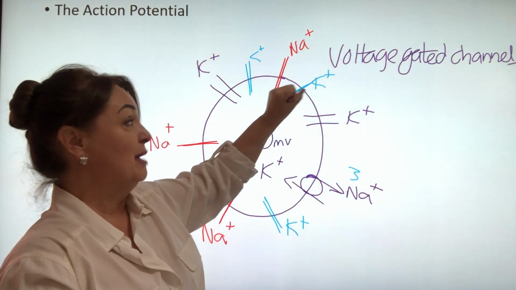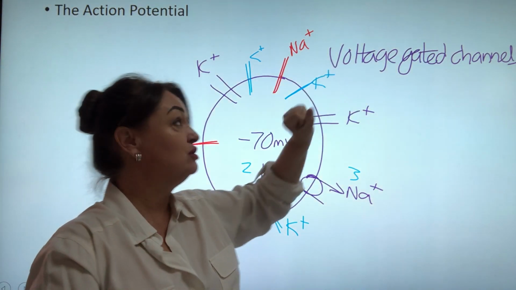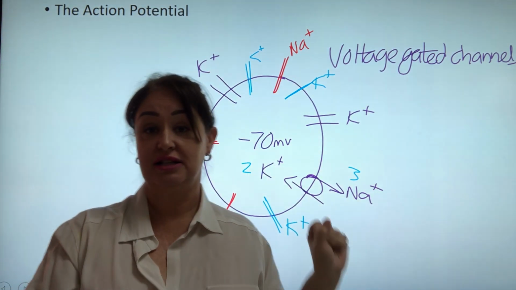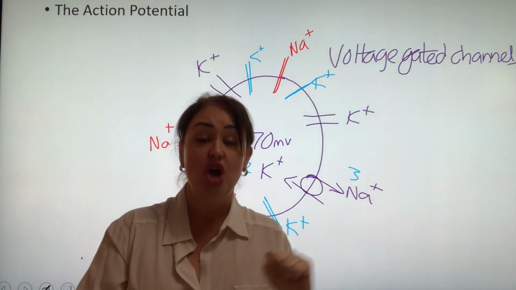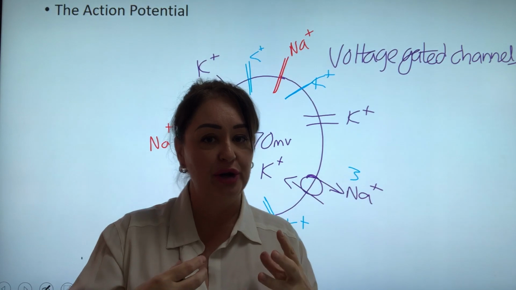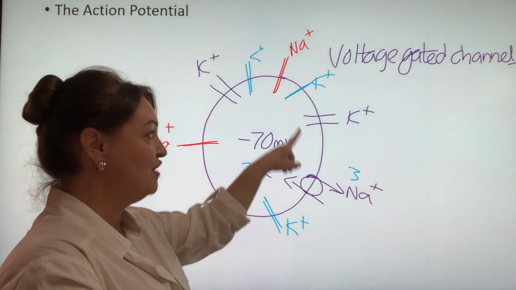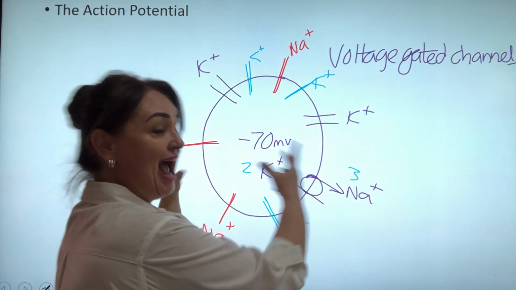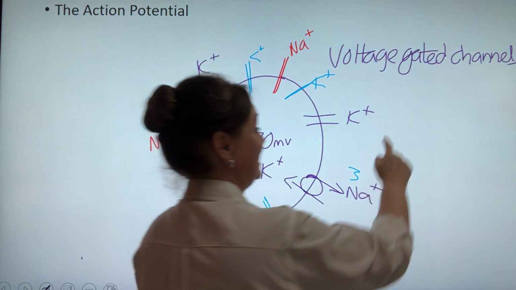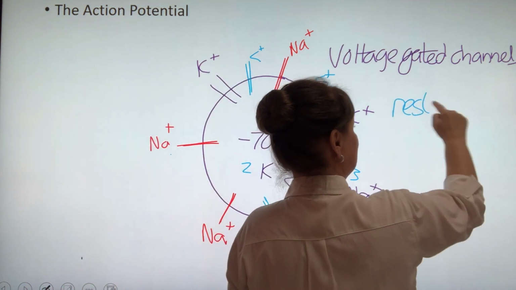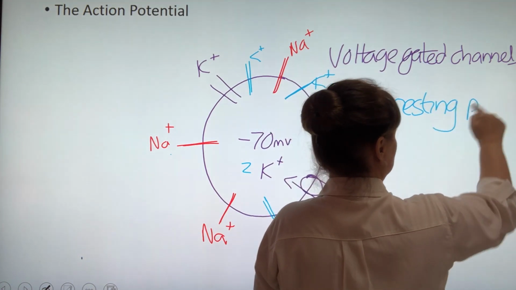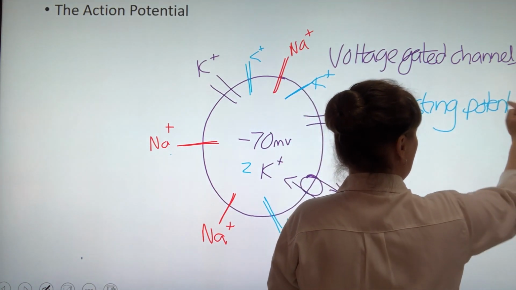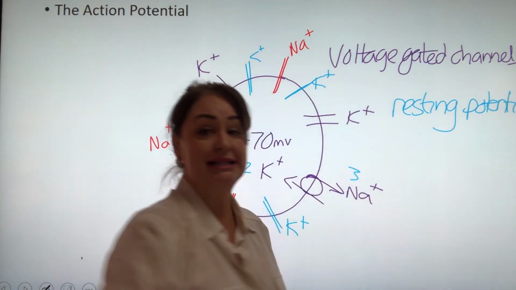We've got other potassium channels that are closed, and we've got sodium ion channels that are also closed. But we've said they will open when the polarity of the cell starts to change. We've said at this state, this is resting potential. The cell is at rest, it hasn't been stimulated.